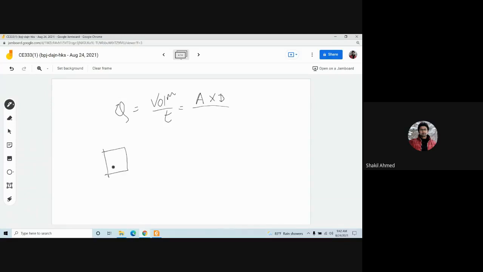Like this is the pond. This is your surface area, A, the bottom part. And this is your depth. So you get the volume from here. Am I right?